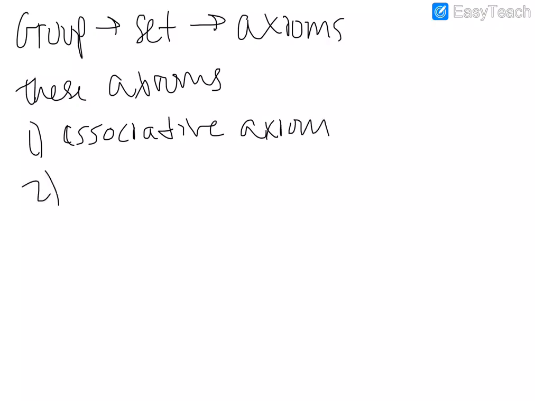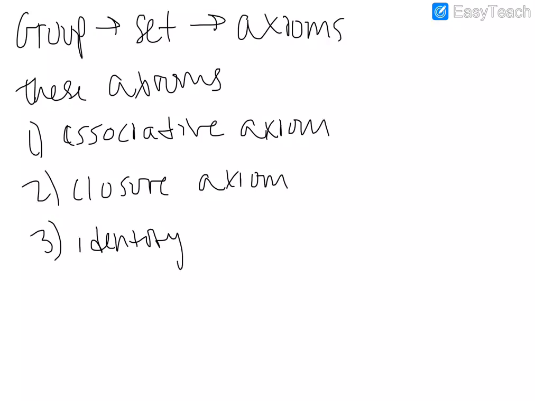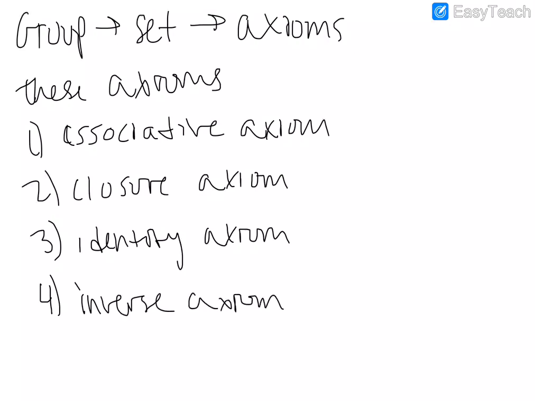Two, we have the closure axiom. Three, we have the identity axiom. Four, we have the inverse axiom. Sorry for my poor handwriting. We're going to discuss these as we go along in the proof. So let's get started with the proof.